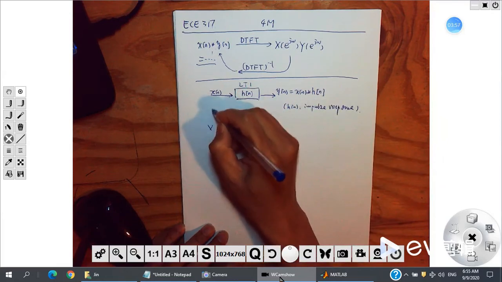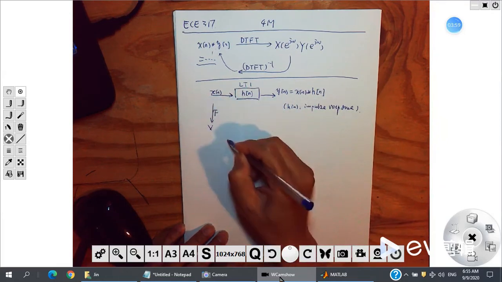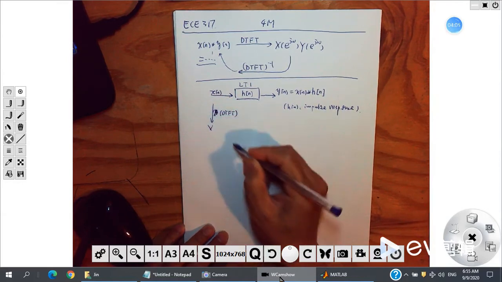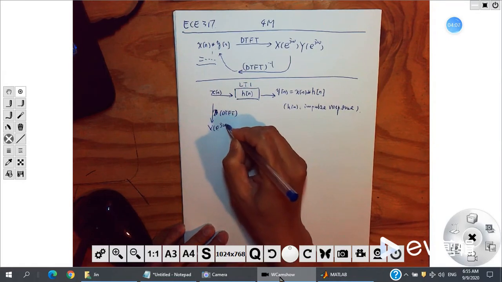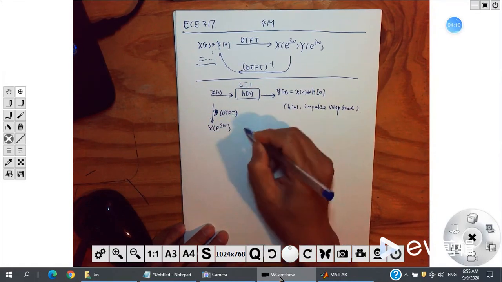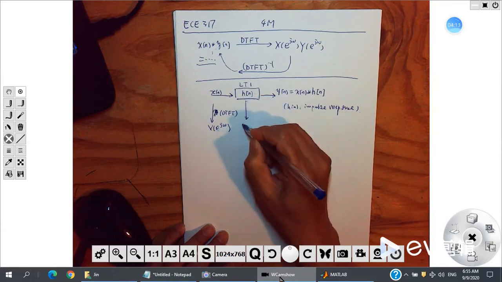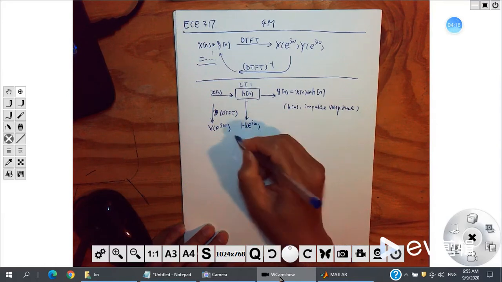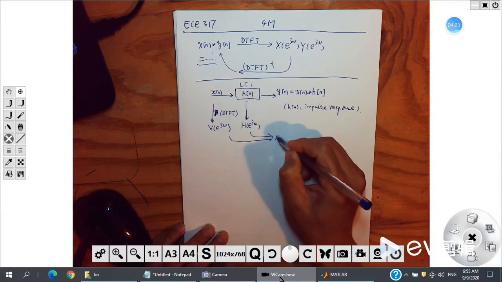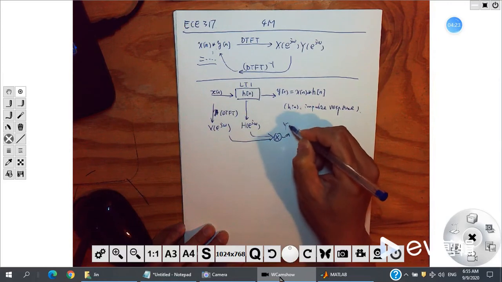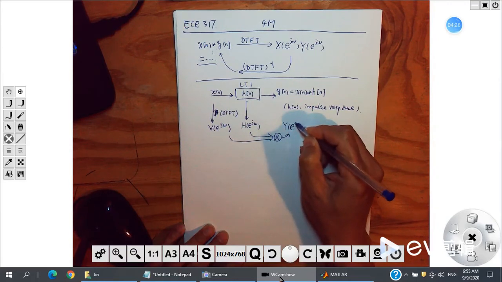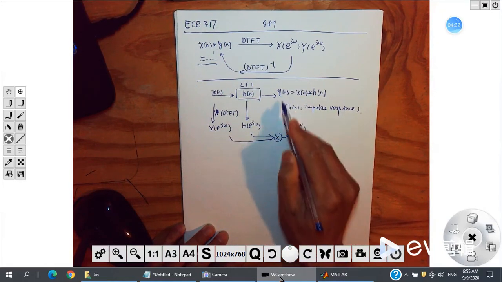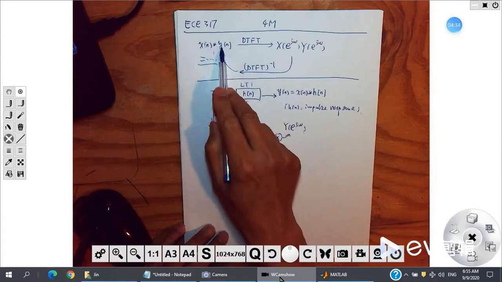X, by the DTFT, we have capital X. Then h, we have capital H. Then these two, we do a multiplication, and we have Y. Y is now XH.